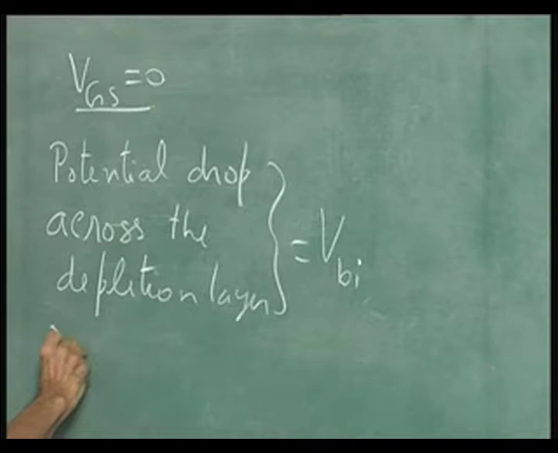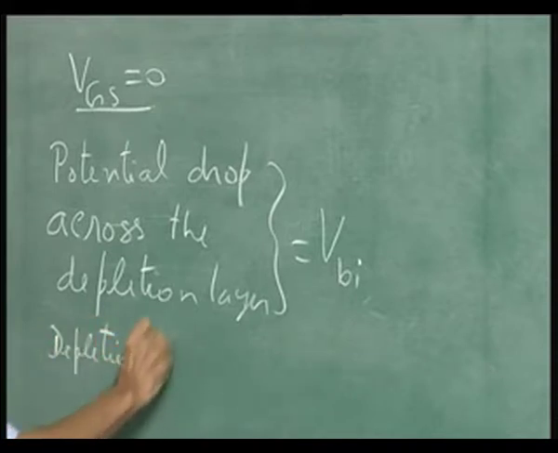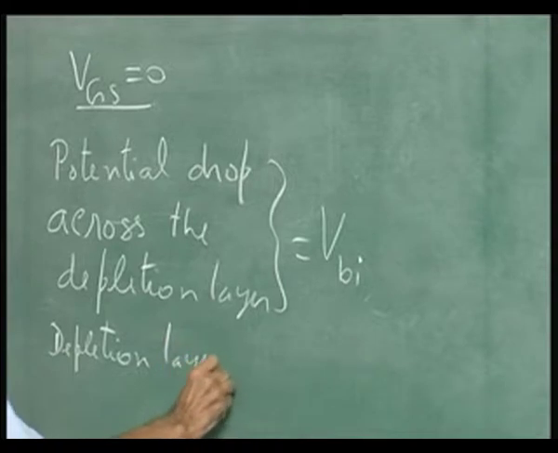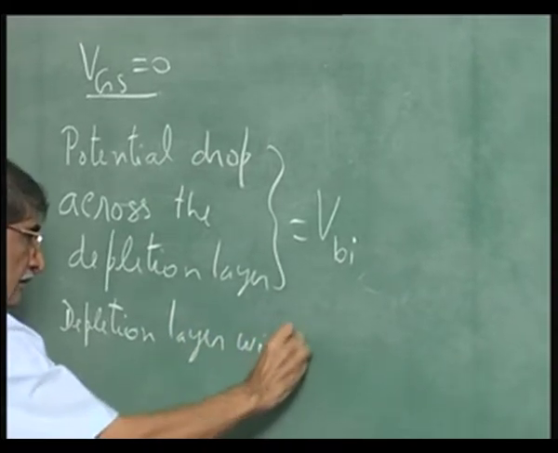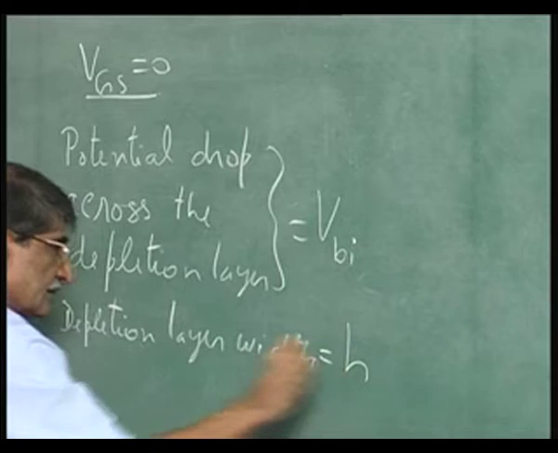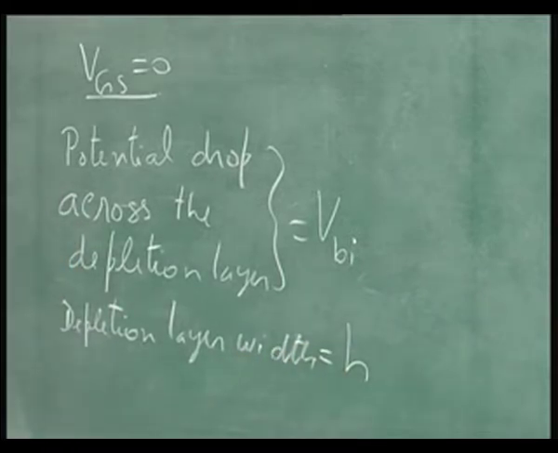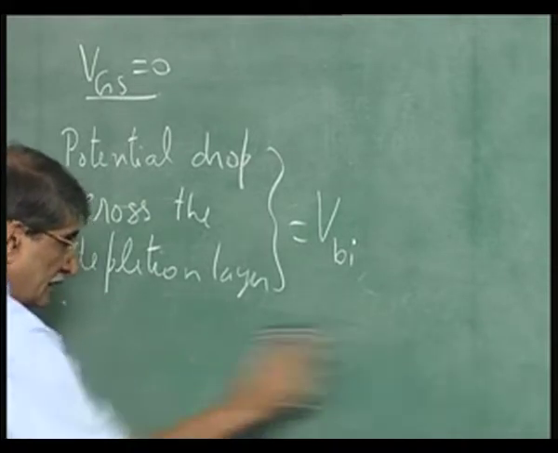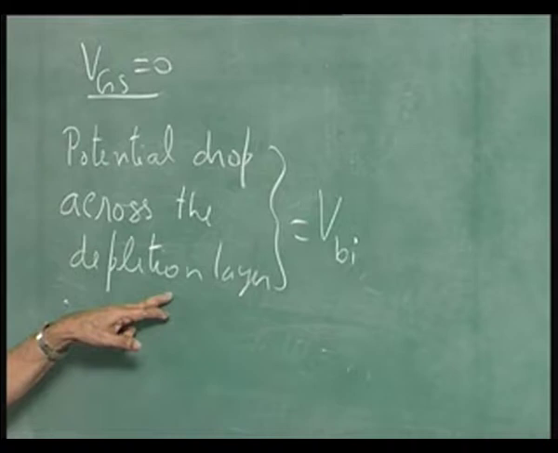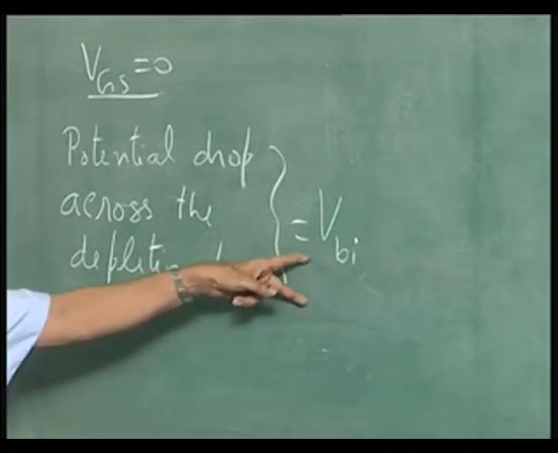Depletion layer width is H. Okay. Let us just remove that VBI. There is a depletion layer width.